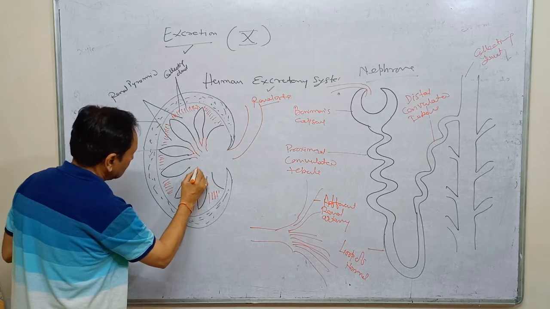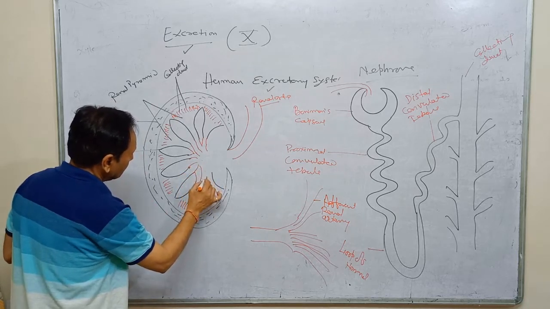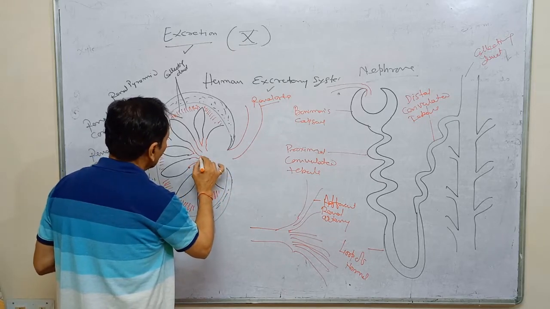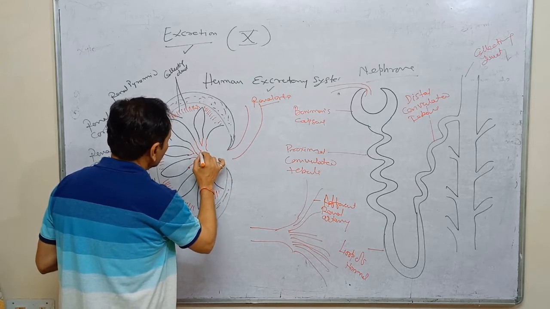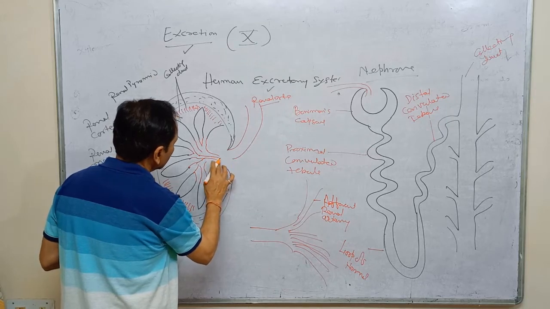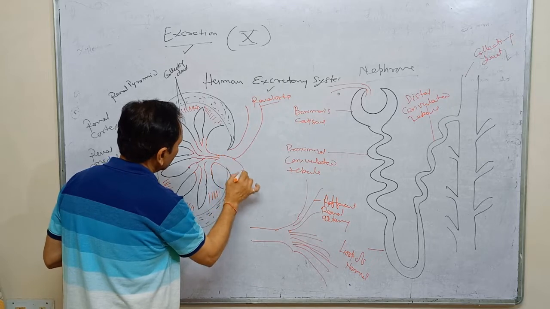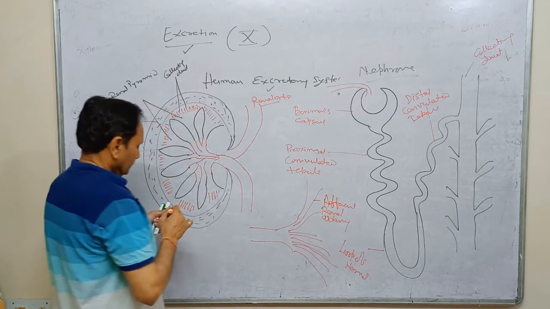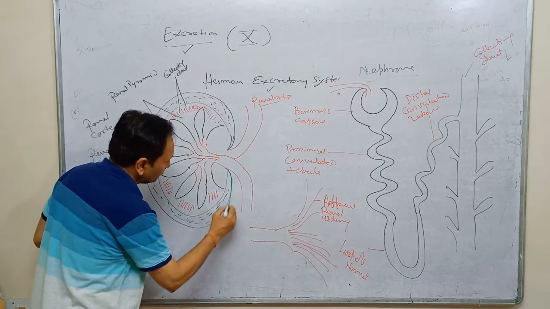You will see here that one here and another from this part form one. It is also one. Now it will join to form 2. It will again join to form 2, and again it will combine to form 1 and move like this. And one tube is also here.